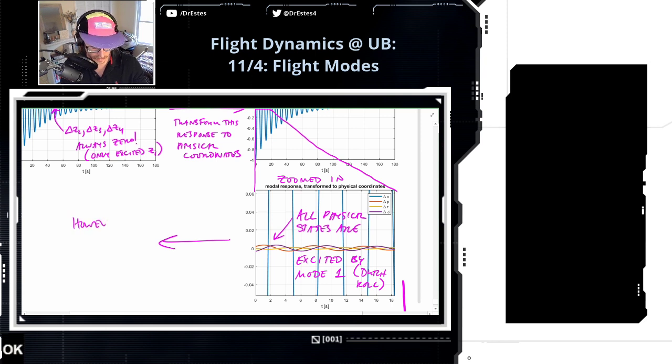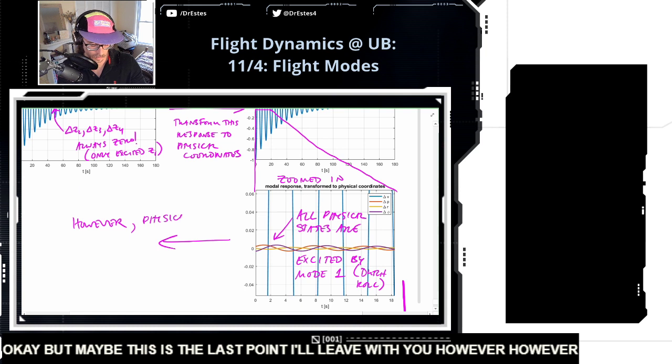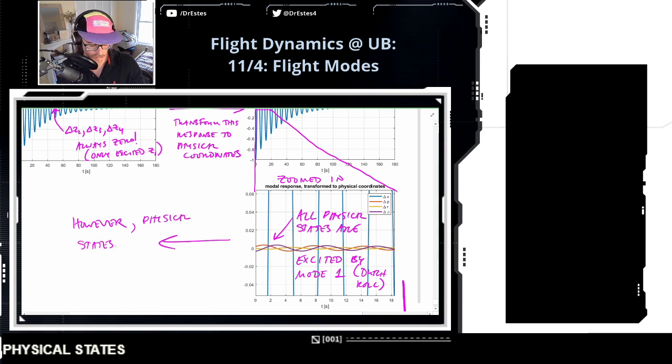Okay, but maybe this is the last point I'll leave with you. However, the physical states are affected in different proportions.